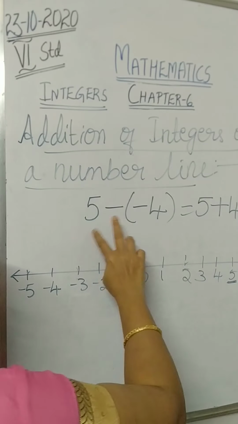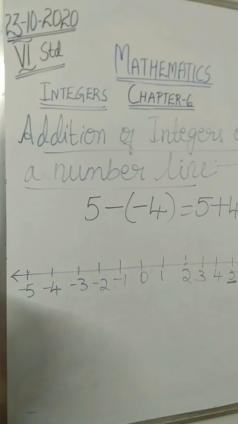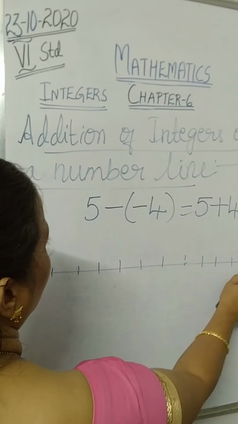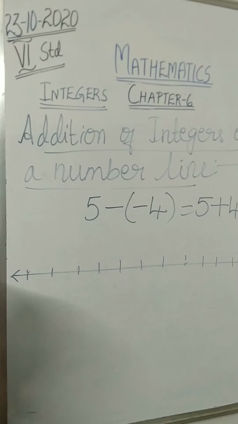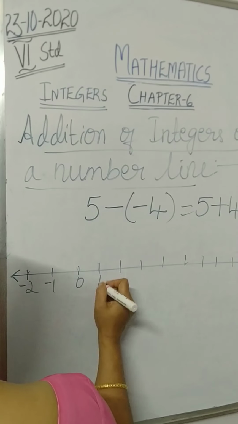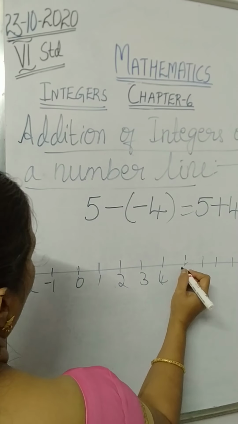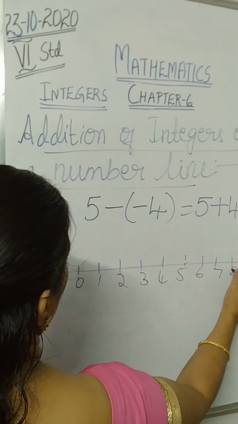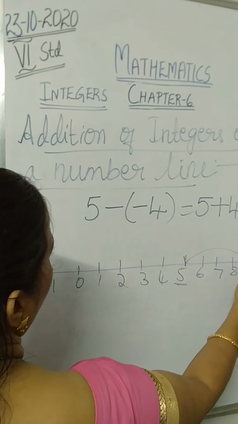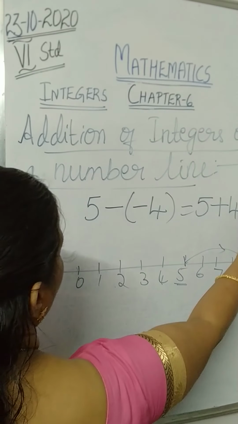Because both are minus, we can write it as plus 4. Here it is not enough. As we have already done, 5 plus 4 is 9. Let me show you. Minus 2, minus 1, 0, 1, 2, 3, 4, 5, 6, 7, 8 and 9. Look here, from 5, when we go 4 steps forward, we reach 9. So, answer is 9.